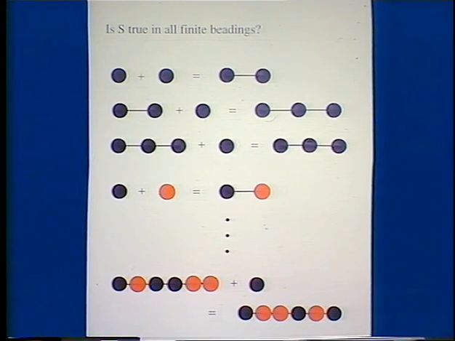So how do we do that? Well, let's start with the black beadings, the beadings with no red beads in them. And let's suppose for simplicity that the number n is 2. Well, all black beadings, all finite black beadings, that's important, can be got as follows. Take one bead, then add another bead to the right of it, then add another bead to the right of that, and so on, adding just black beads until you get to the length you want.